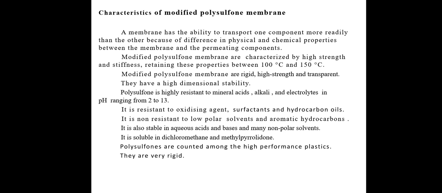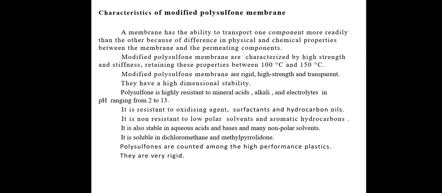Characteristics of modified polysulfone membrane. A membrane has the ability to transport one component more readily than the other because of the difference in physical and chemical properties between the membrane and the permeating components.